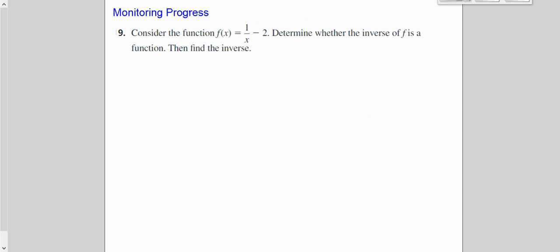And number 9, one more, find the inverse. Consider the function 1 over x plus 2. Determine whether the inverse is a function, then find the inverse. So write down the function using a y instead of an f of x. To make the inverse, switch x and y, and solve for y.